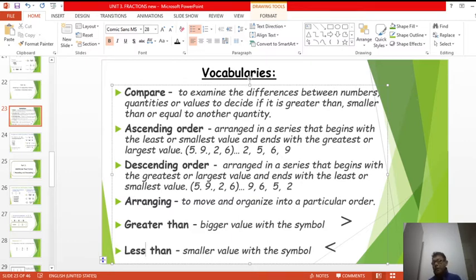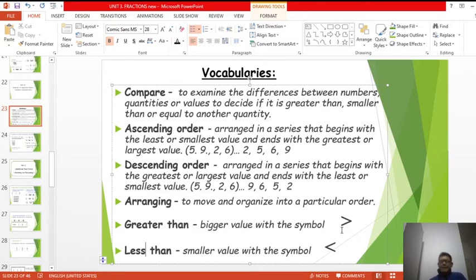Please take note of the symbols, because sometimes in certain problems they don't allow you to change the position of certain numbers. Remember, greater than is like this. Less than is like this. I hope you understand that.